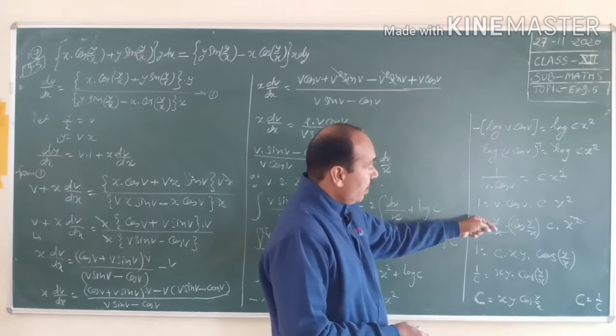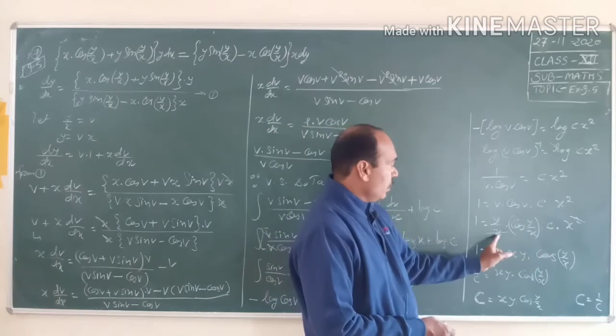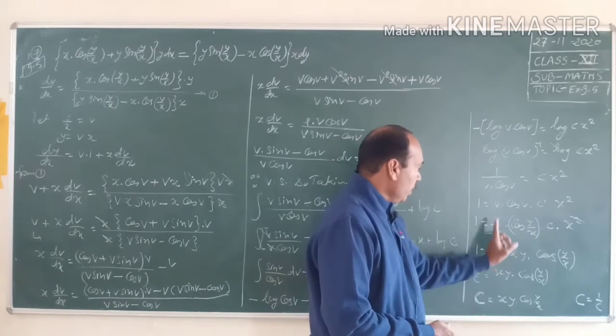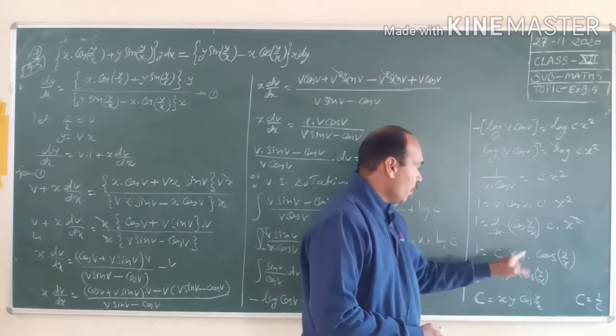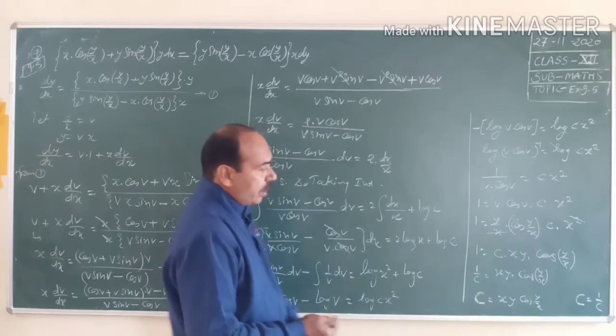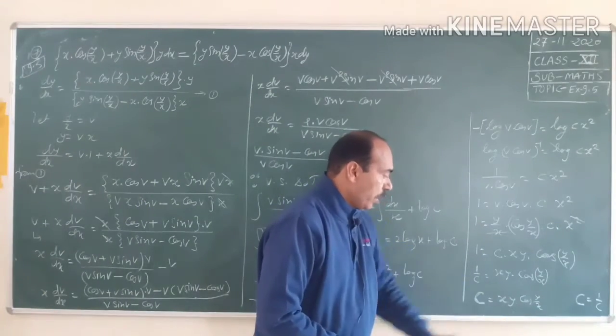Now in place of v, write y/x. With y/x in both places, the x cancels out, and we get 1 = c x y cos(y/x). But in the NCERT book, the answer is written as c = xy cos(y/x).